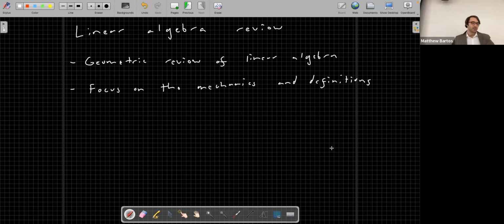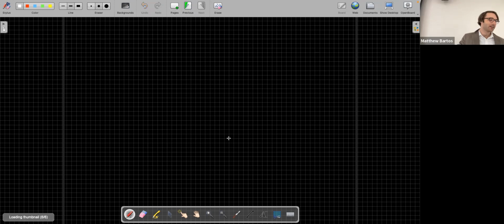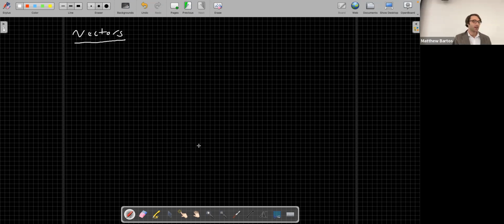Okay. So first, before we move on, let's talk a little bit about vectors. We'll get into the formal definition of what a vector is next week. But for now, you can think of a vector as an ordered collection of numbers. So I'll say vectors are ordered collections of numbers.